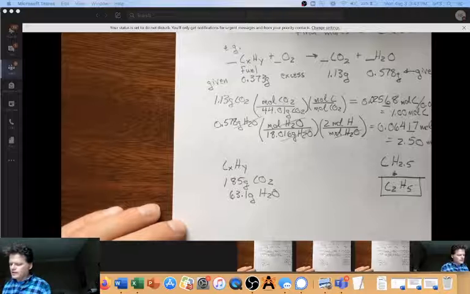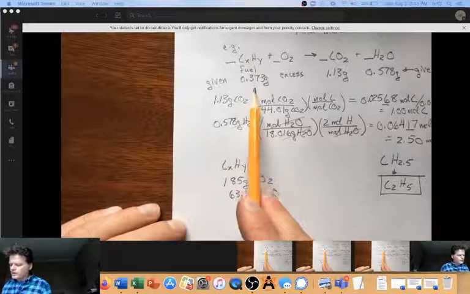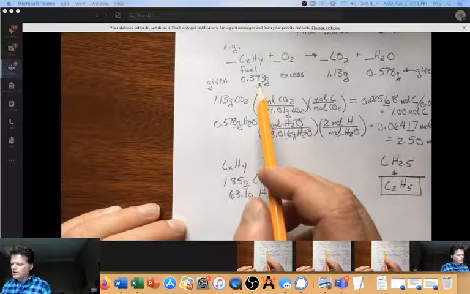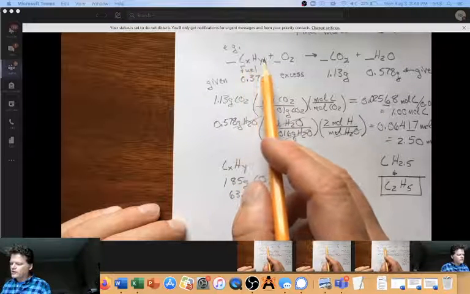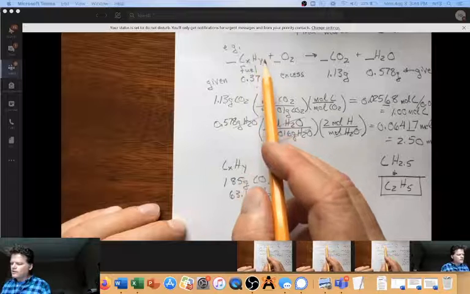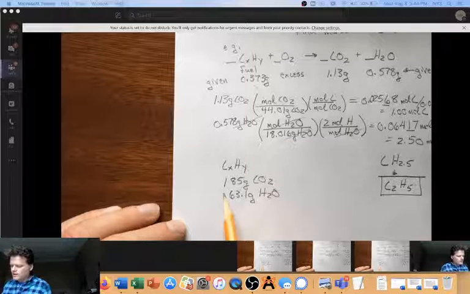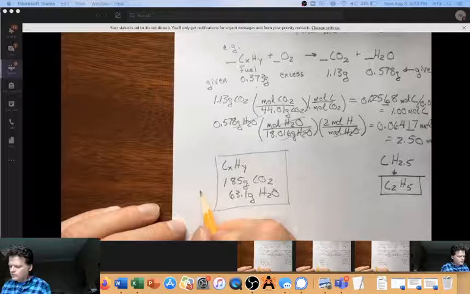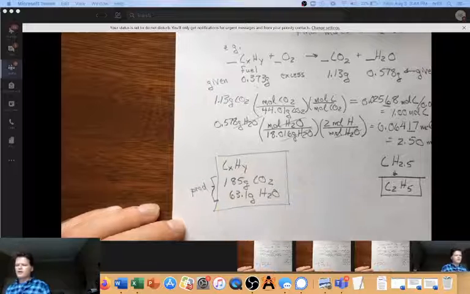That should be all you need. We never used the mass of the fuel going in, so we didn't need that. There are sometimes problems where it isn't just a hydrocarbon but a carbohydrate, so if there's oxygen here, then you need to know the mass of the initial fuel, and you can figure out the mass of the oxygen present by subtraction. But for now, see if you can find X and Y given this information, where these are the masses of the products. All right, that's it.